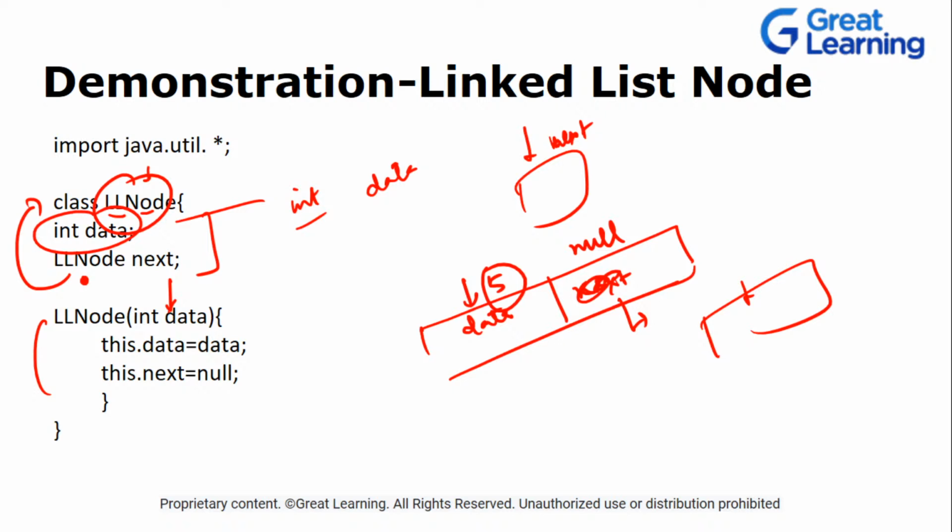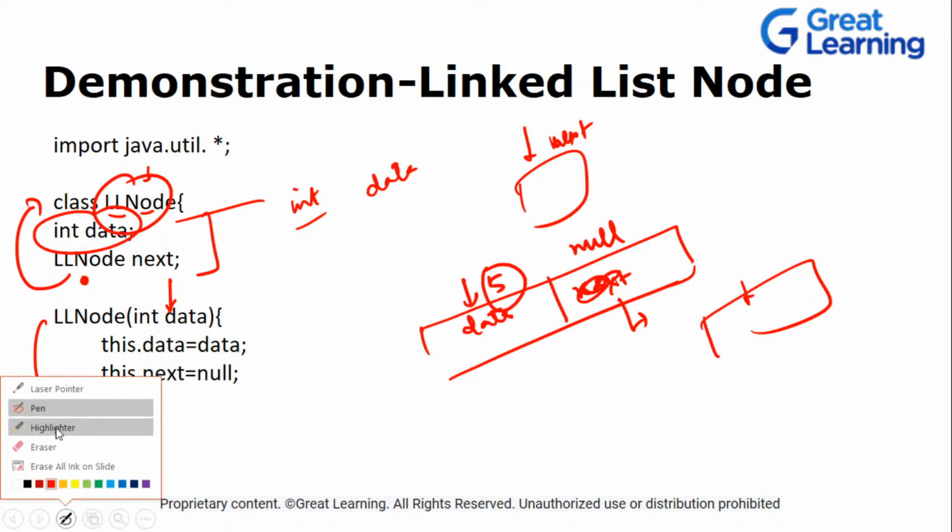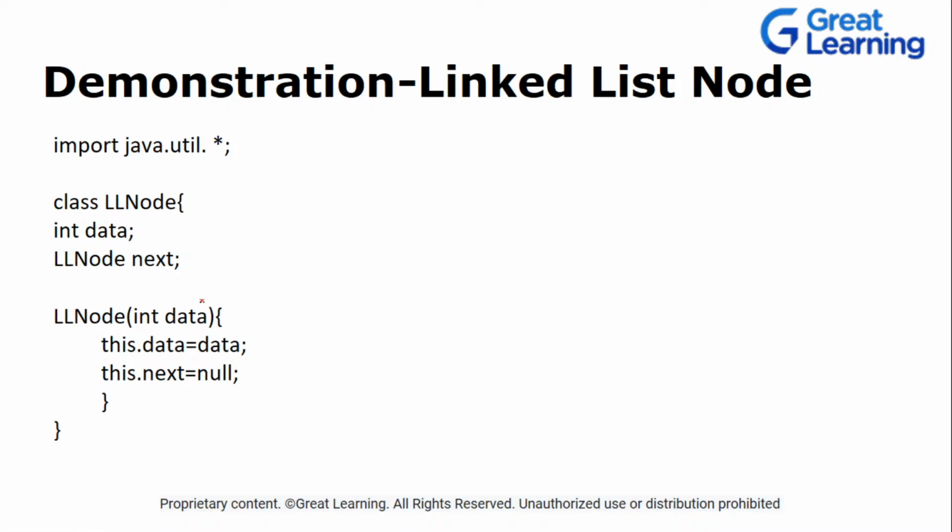This is a keyword which means it is pointing to the current state of that object. Let me clear the whole screen and write it. As you can see, the argument I have named data, and in the class I have this data member which is again data.